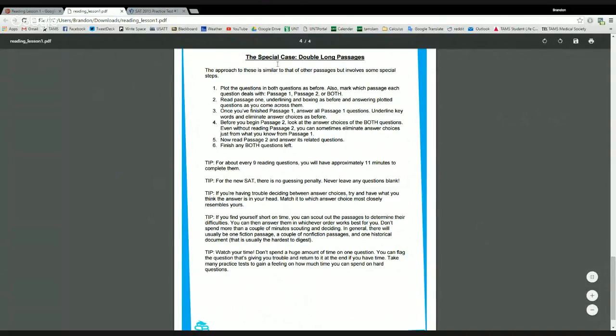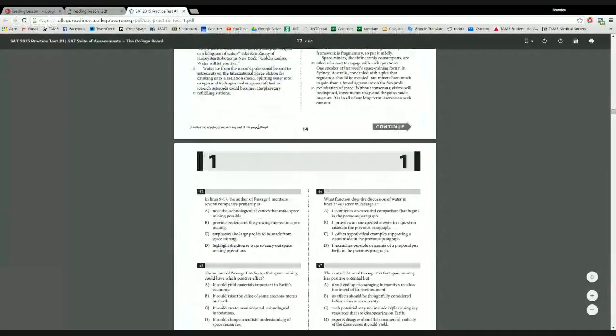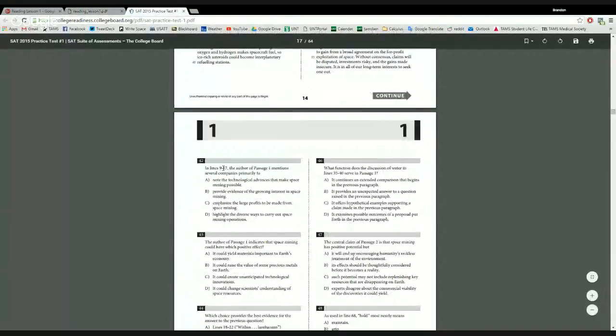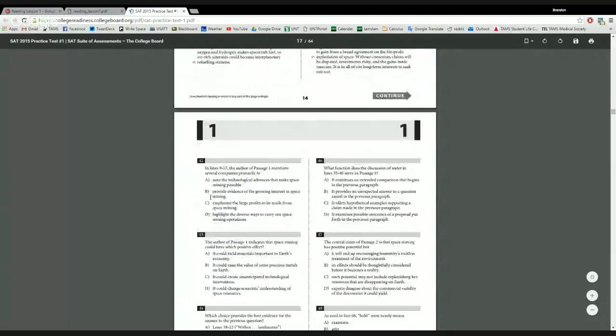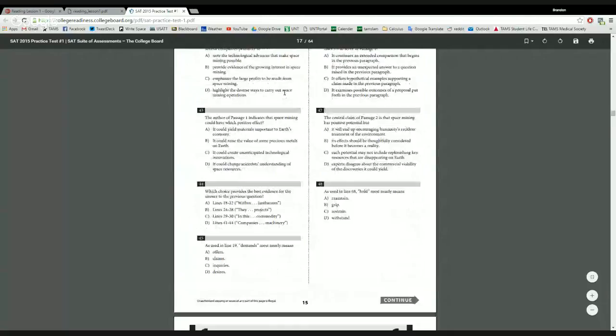So first of all, you're going to plot the questions. Also mark which passage each question deals with: passage 1, passage 2, and both. For example, this one asks about lines 19 to 17, which is only related to passage 1, so you will mark a 1 here. Again, a 1 and a 1, because this is connected to that question. Line 19 is again with passage 1.